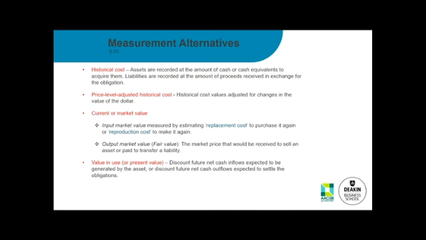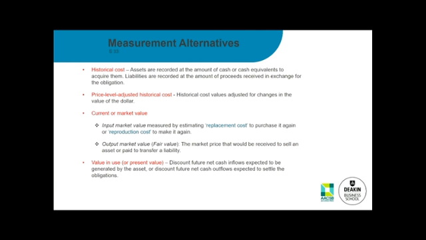Another one is value in use. So value in use is where we look at the future cash flows that are expected to be generated by a particular asset. So if an asset has a useful life of, say, 10 years, we can estimate what those cash flows are likely to be over the next 10 years, along with the residual value, and discount them back to the present.